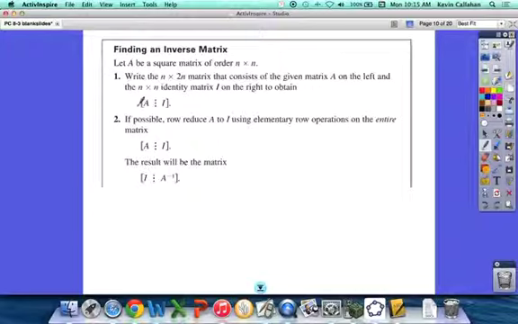Right? And then we do what's called row operations to take it from A augmented with I on the right of it, so that I is the matrix on the left, and whatever is left on the right-hand side, that's going to be our inverse. It's hard to explain, but when you see it, we'll see what we mean by that.